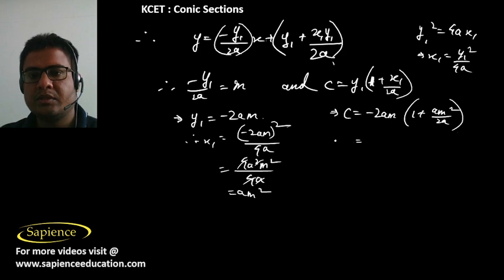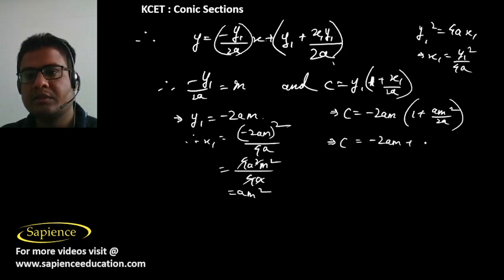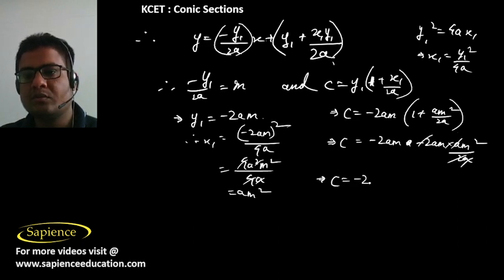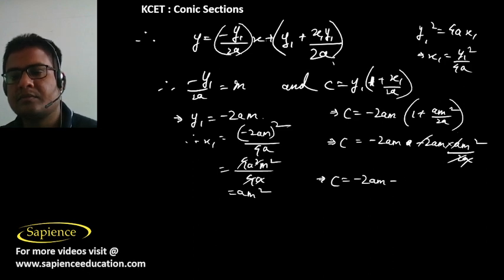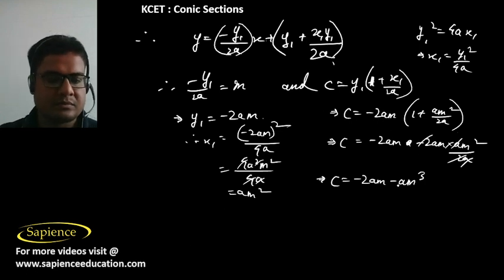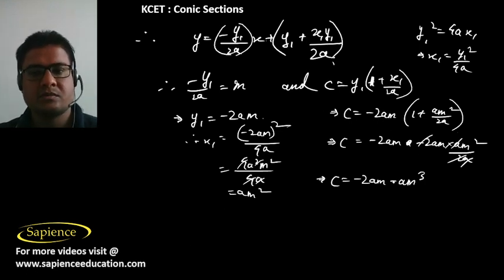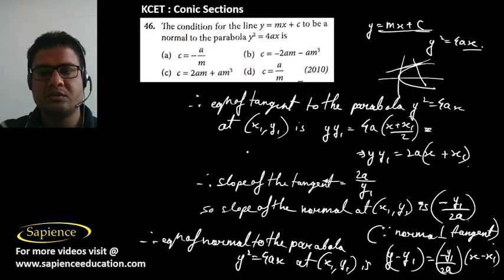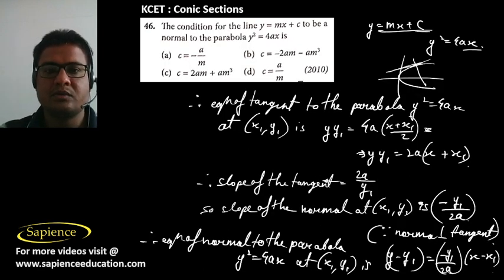So C will be equal to minus 2am minus 2am into am square by 2a. So 2 will cancel, a and a will cancel. So C will be equal to minus 2am minus am cube. So it means that option B is the correct answer.